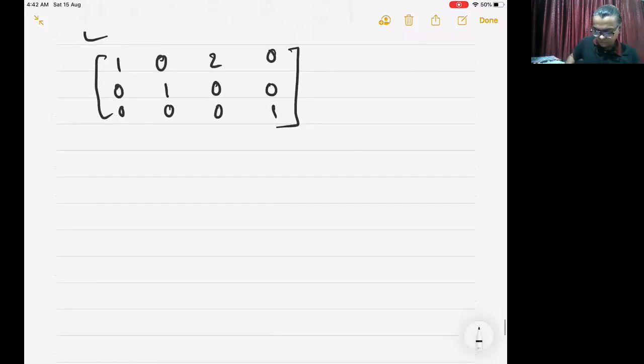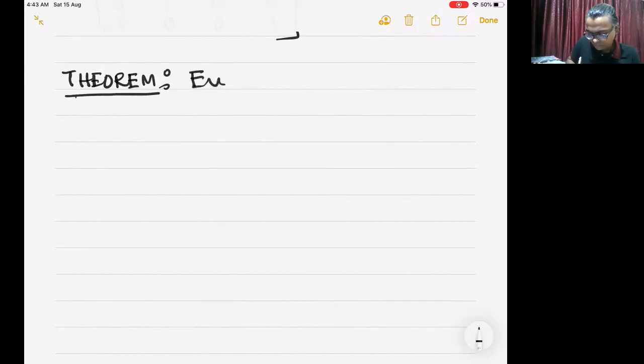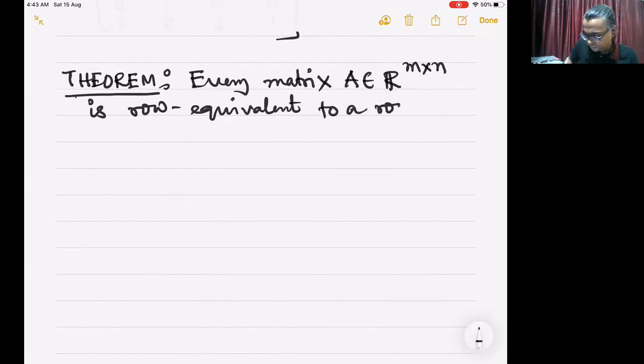Theorem: every matrix A is row equivalent to a row reduced matrix.